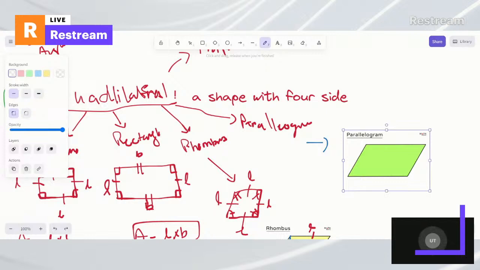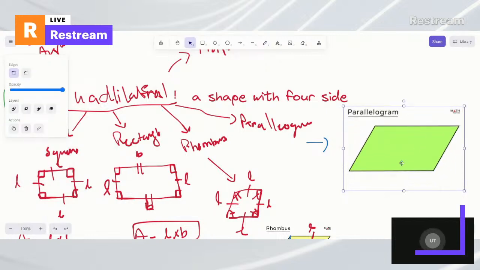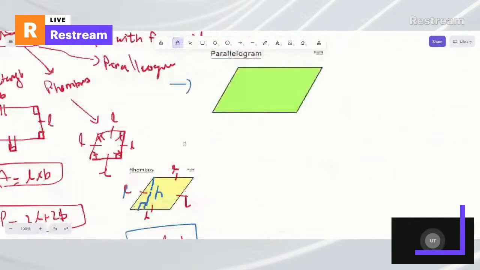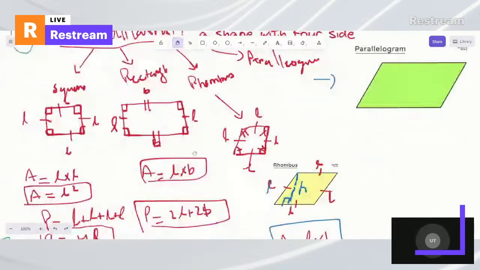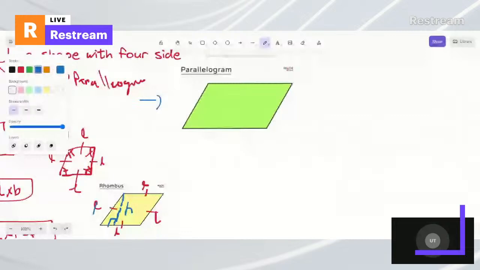Yeah, so a parallelogram looks something like this. It's basically a rectangle but a tilted one, right? Just like a rhombus was a tilted version of a square, now it's a tilted version of a rectangle. However, in a rectangle, all the angles were 90 degrees.